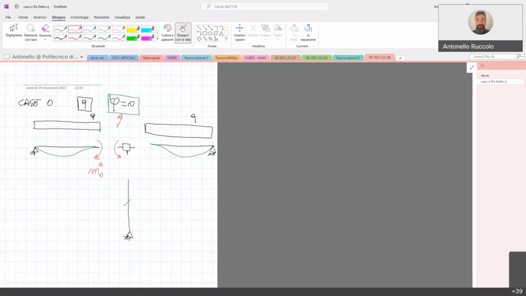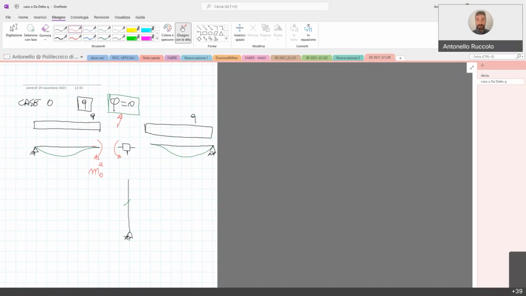Obviously, it will tend to have a rotation counterclockwise of the node, similarly to the one that you have seen with Professor Gentile during the first exercise, where only the load was present in the beam A, and so the rotation was counterclockwise. This was the effect of the load.